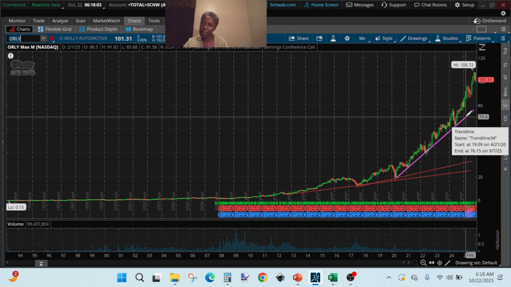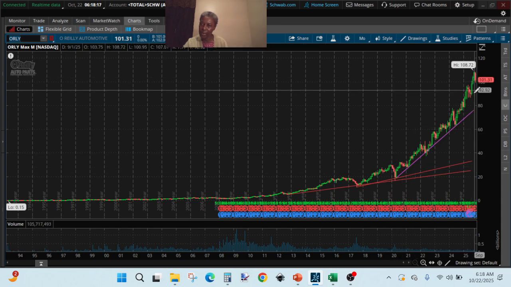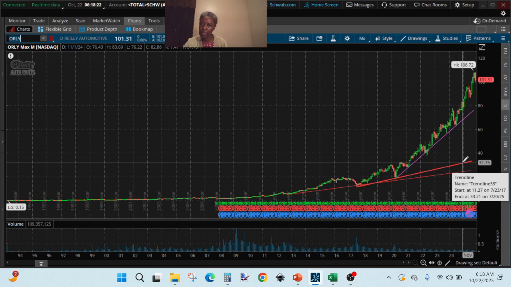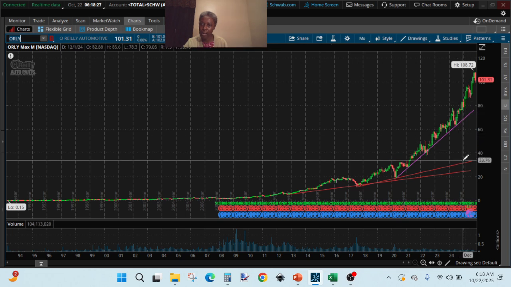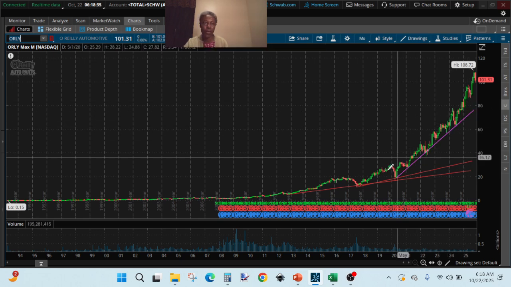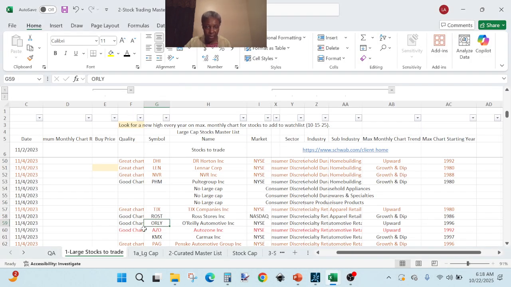I have this as the line to buy at, and I think I'm going to keep this line as the line to buy at, but it's a little bit risky because it's quite steep, and I just don't know if it's going to come down all the way here. I just feel like this line is too low for it to come back to. So therefore we are going to keep this line as the support line to buy at, and I like this clean chart, therefore it is going to remain a yes as well.